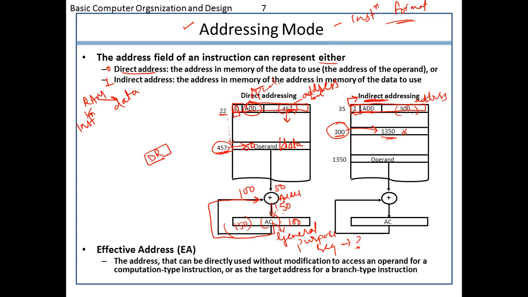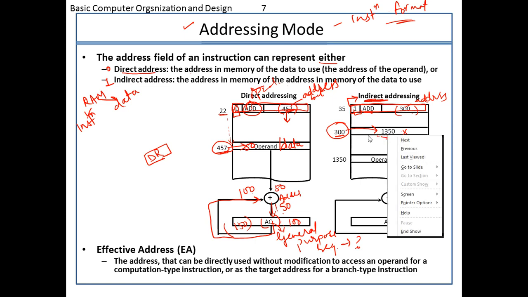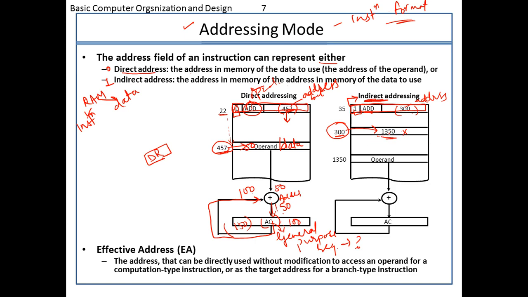Now this is not actually my data. This is another address, because its name is indirect. So I need to go to this particular address again, and here only I will get the data. So this is a two-step process: the address in the memory of the address in the memory of the data to use. This is exactly what indirect address is.